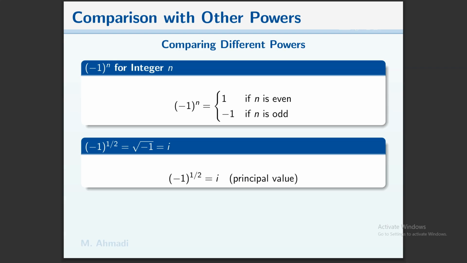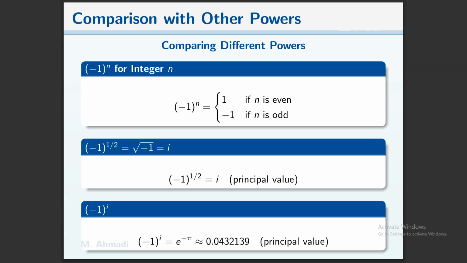For n equals 1/2, (-1)^(1/2) equals the square root of -1, which equals i, the principal value, the imaginary value. (-1)^i equals e^(-π), approximately equal to 0.04321391. This is the principal value of (-1)^i.